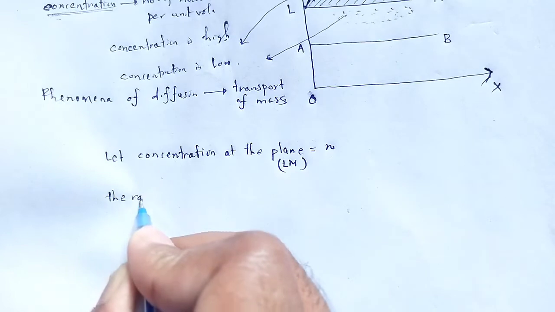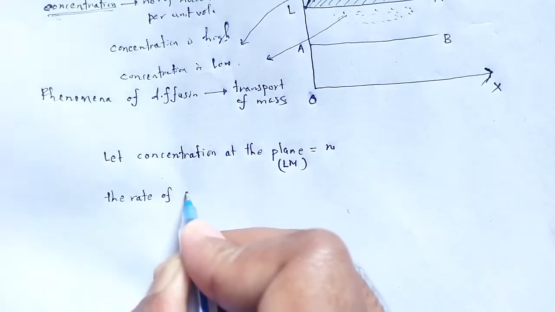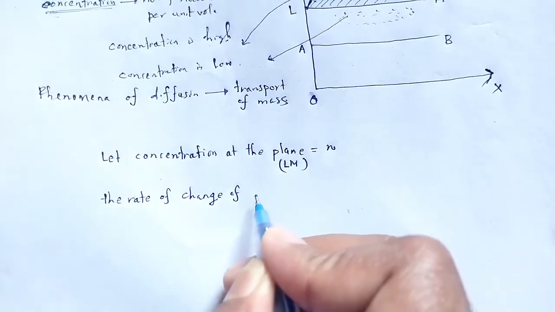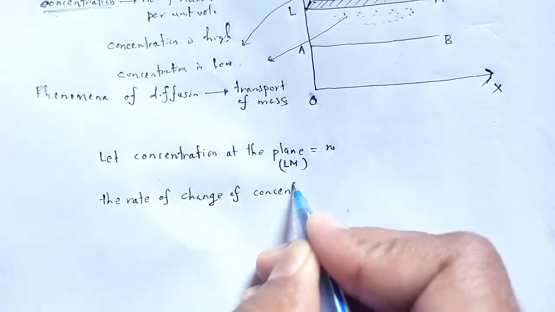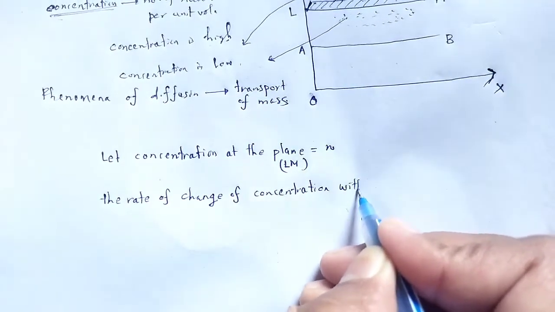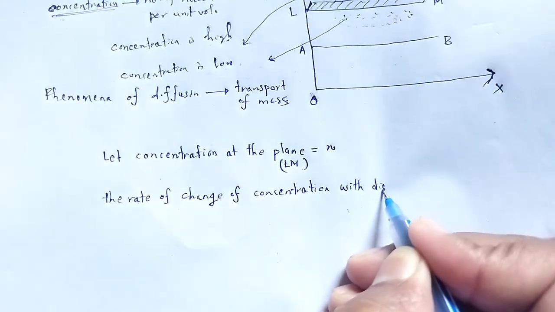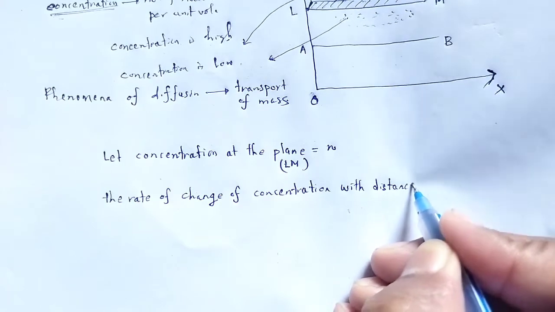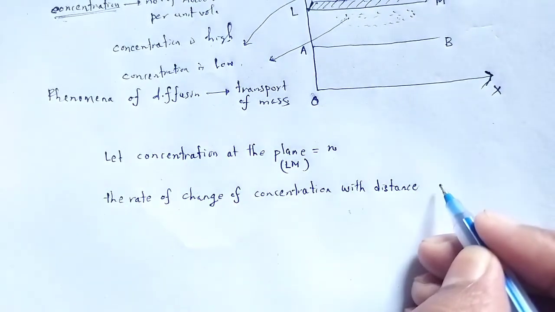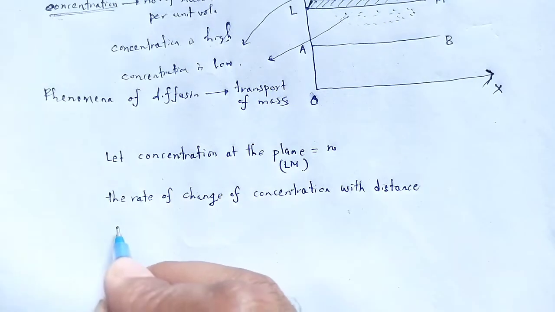The rate of change of concentration with distance is known as the concentration gradient.